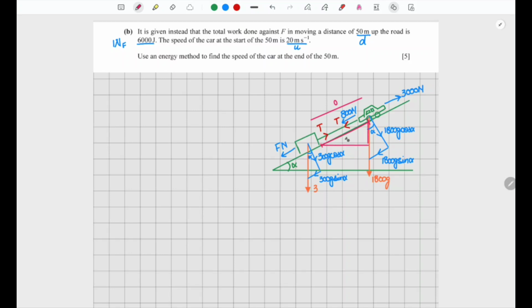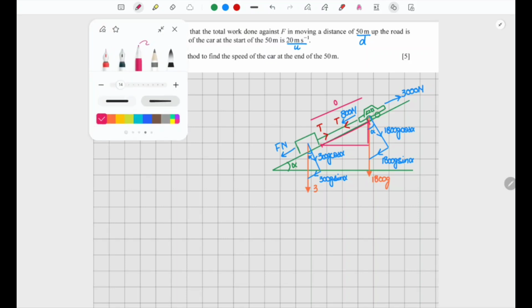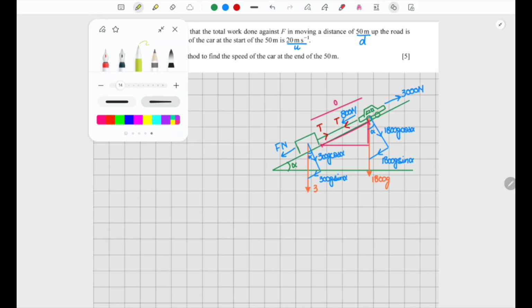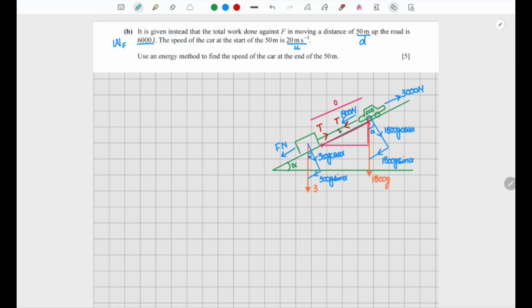I guess it would be better if I use a different, more vibrant color, so as to differentiate between them.